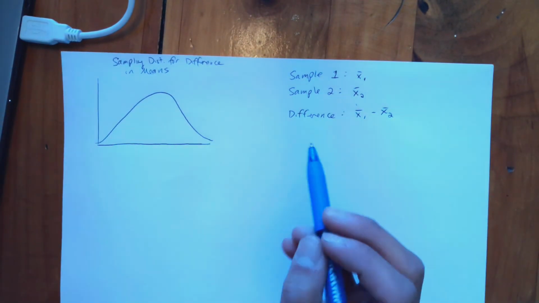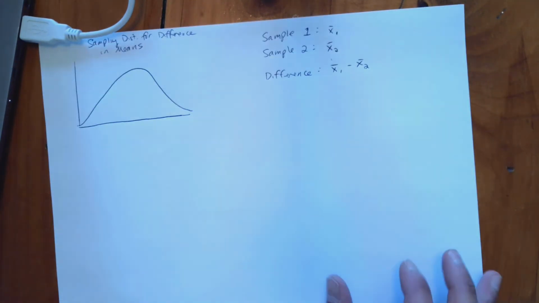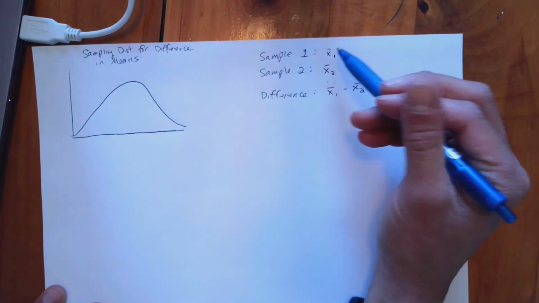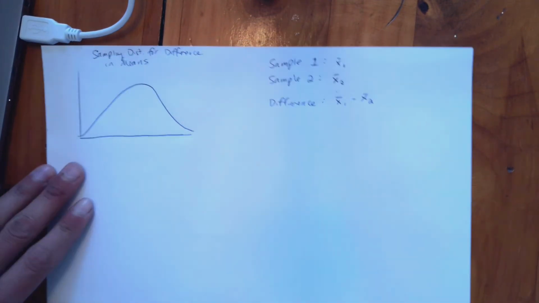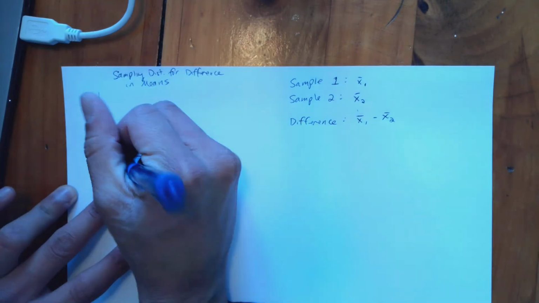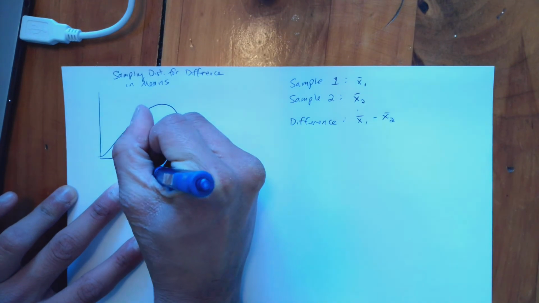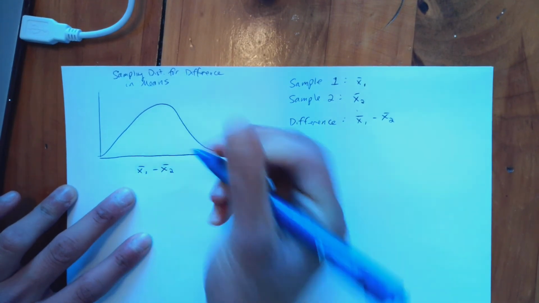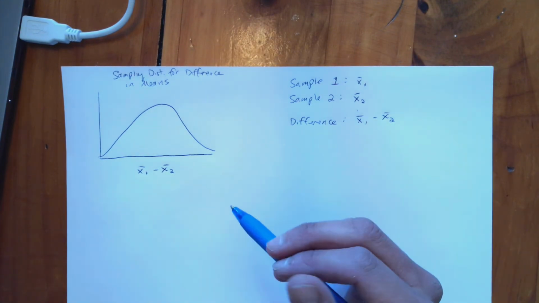So difference here is just difference in the mathematical sense, where it's the outcome of subtraction. So if you have one sample mean and another sample mean, you can always find the difference. What a sampling distribution for the difference in means plots is the different differences you can get, which are described by this x bar sub 1 minus x bar sub 2.